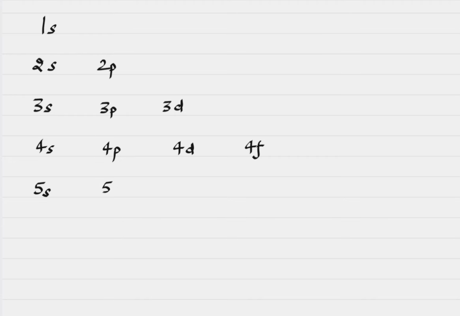First you have 1s, then you have 2s and then 2p, then you have 3s, 3p, 3d, 4s, 4p, 4d, 4f, 5s, 5p, 5d, 5f, 6s, 6p, 6d, and then 7s and 7p. We do not need to go any further. You'll see why. After drawing them, we will cross them diagonally like this.